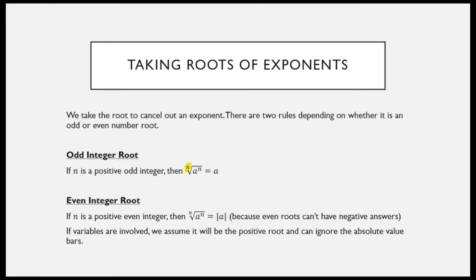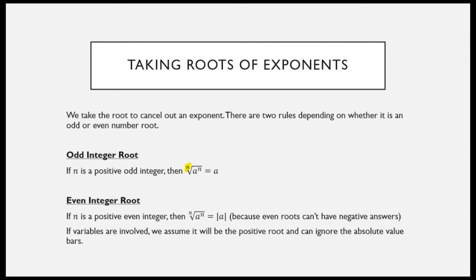Okay. So when we have things with exponents, this is going to be the basic rule that we're going to use when simplifying things. We're going to be dealing with things that have exponents because the whole point of taking a root, square root, cubed root, or whatever, is to cancel out the exponent. So that's our goal.